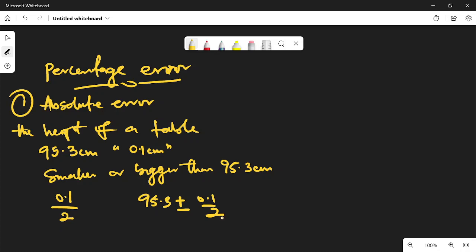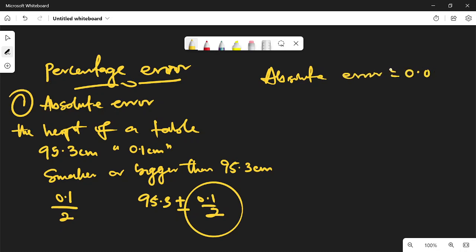Yes, sir. So this 0.1 over 2 is called the absolute error. So the absolute error here is 0.05. Do you understand this?